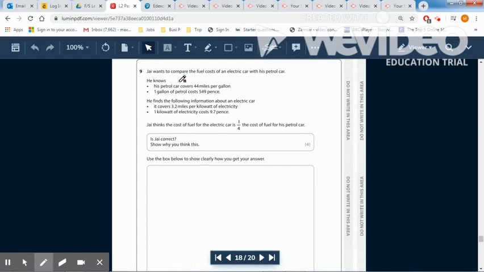So we can say for the petrol car, 44 miles costs 549 pence. And then for the electric car, 3.2 miles costs 9.7 pence. So for the petrol, we're just going to find out the cost per mile.